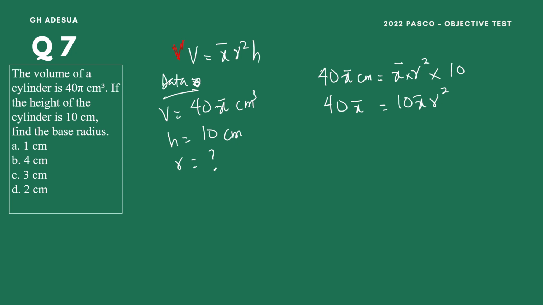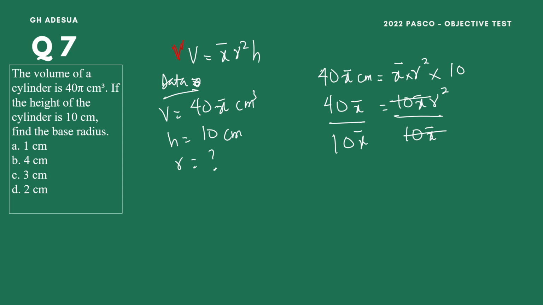We are going to divide through, since we are looking for the base radius, which is r. To make sure that r stands alone, we divide through by the coefficient of r squared, which is 10 pi. So you have 10 pi divided by 10 pi.